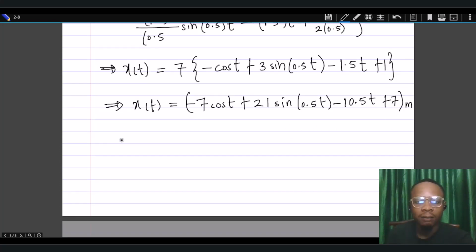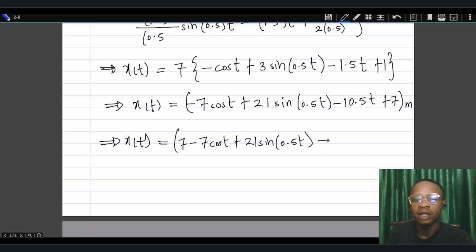Okay, so we can rearrange this and just write it to have the positive 7 come first, so we can have this as 7 minus 7 cos t, then plus 21 sine 0.5 t, then minus 10.5 t.